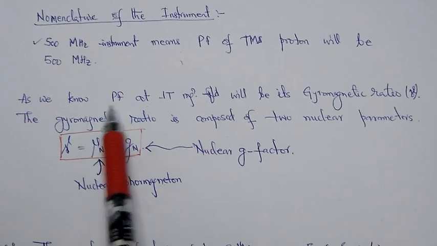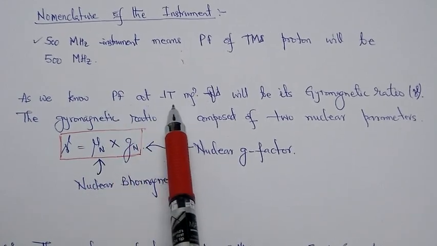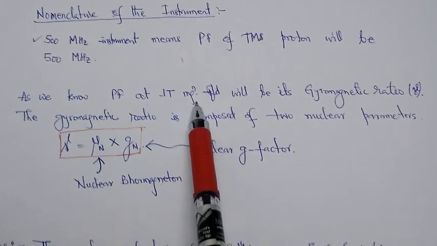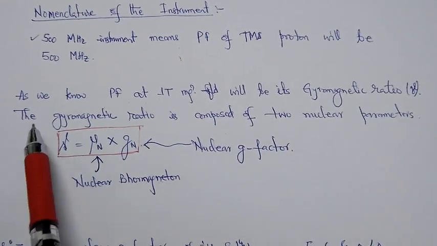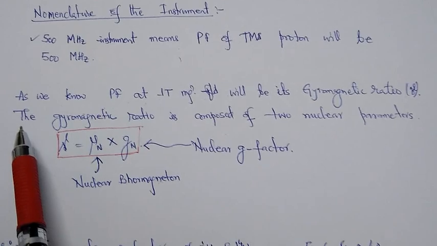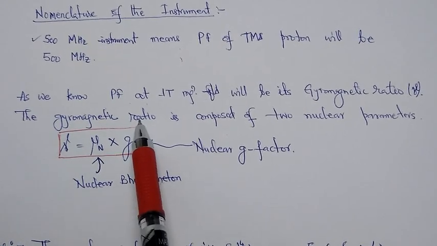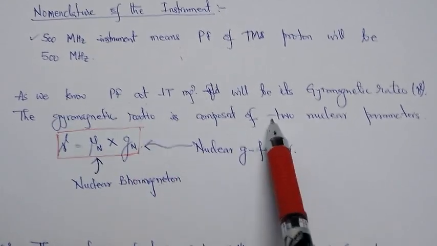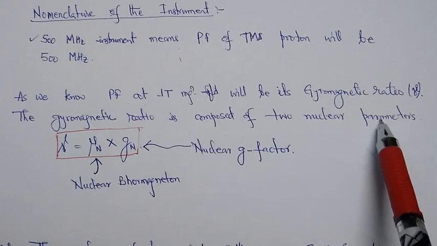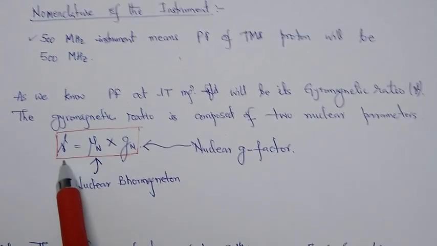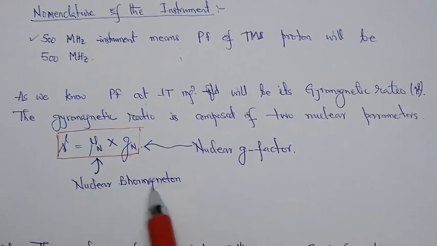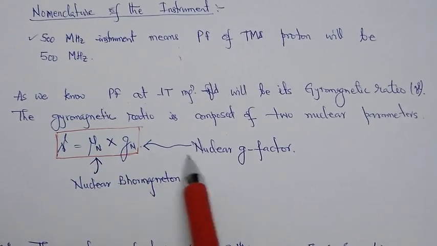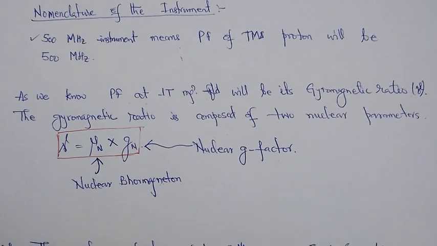As we know, the precessional frequency at 1 Tesla magnetic field is the gyromagnetic ratio that we discussed earlier. The gyromagnetic ratio is composed of two nuclear parameters, that is gamma is equal to mu n into Gn. Mu n is the nuclear Bohr magneton and Gn is the nuclear G factor.